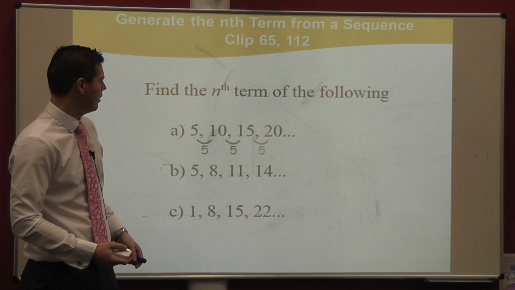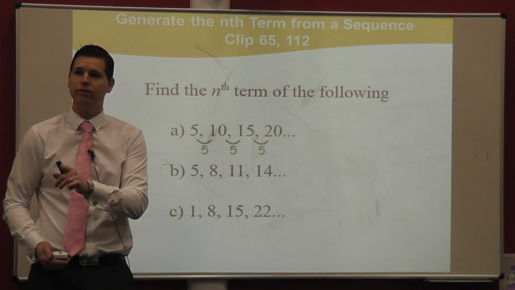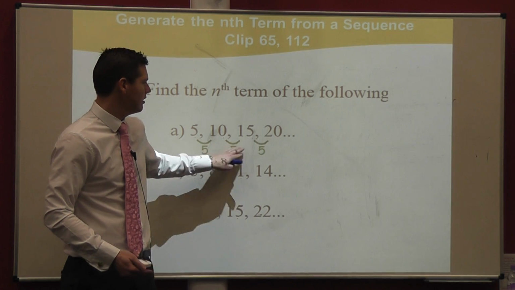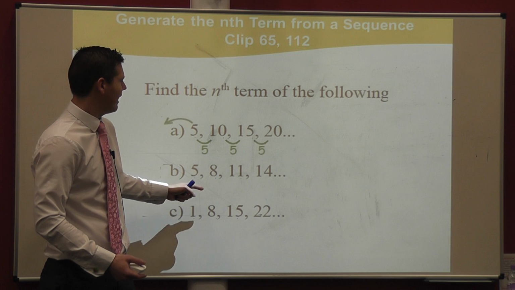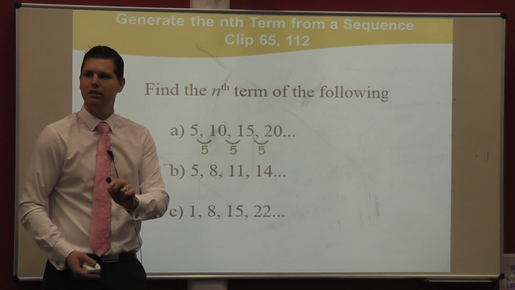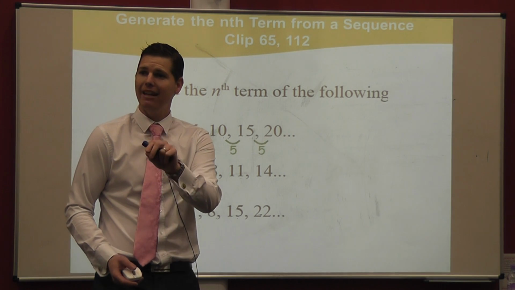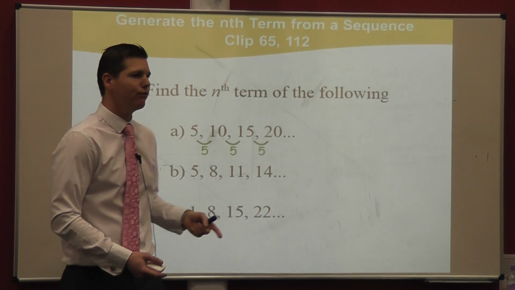So what we've got there is we're adding 5 on each time. You're right, we're adding on 5 each time. What that does is it's going up in multiples of 5. So actually, that's 5n. That's the bit that goes with the n for the nth term, 5n. Because it's going up in lots of 5, it's 5n.